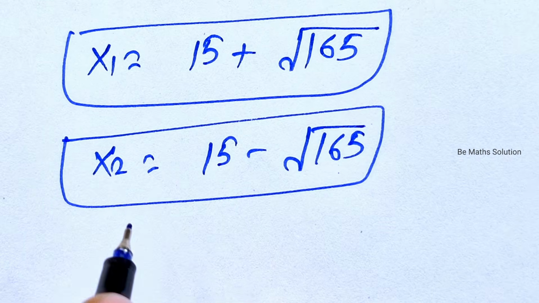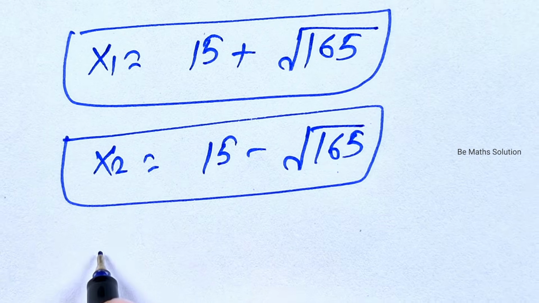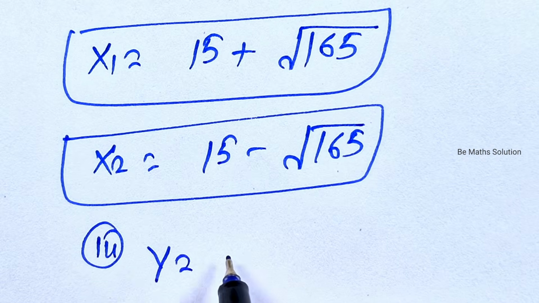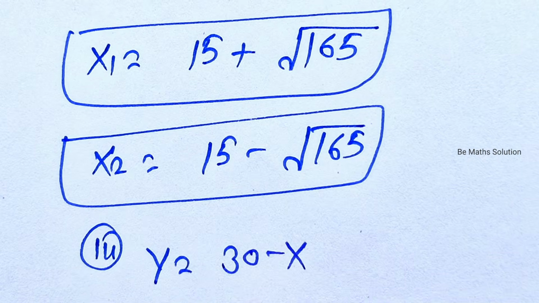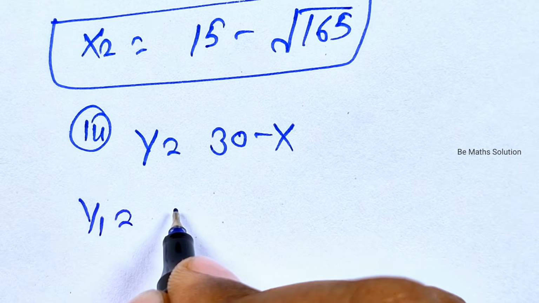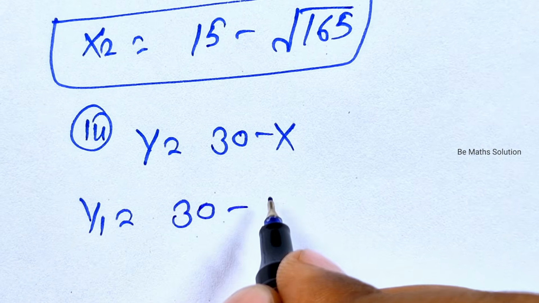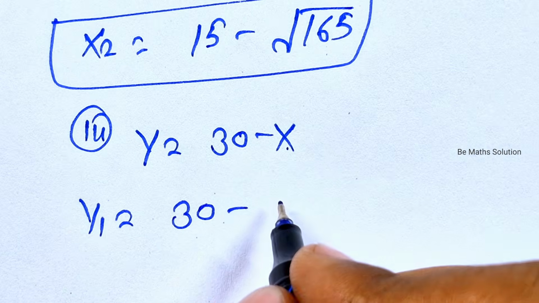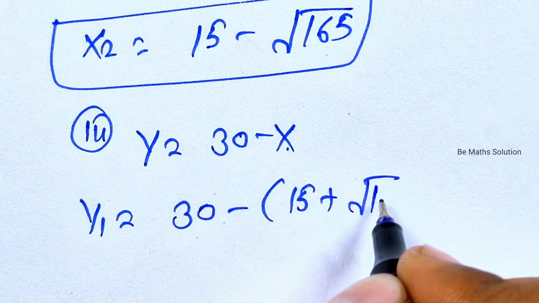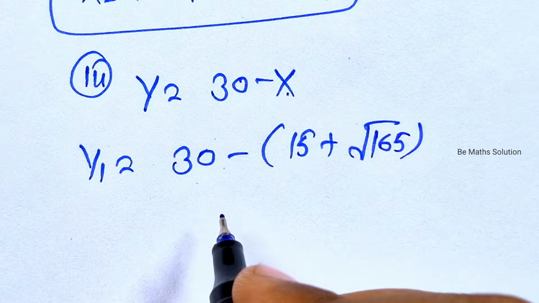Now to find the value of y, we recall equation 3, which is y is equal to 30 minus x. So y1 is equal to 30 minus x1, put the value of x, it is 15 plus square root 165.